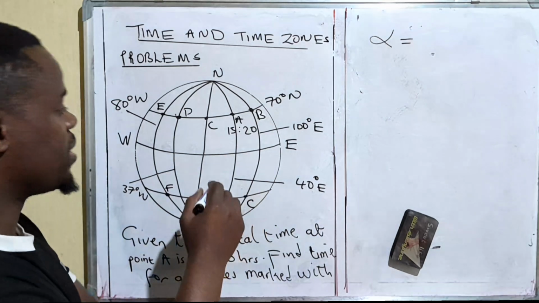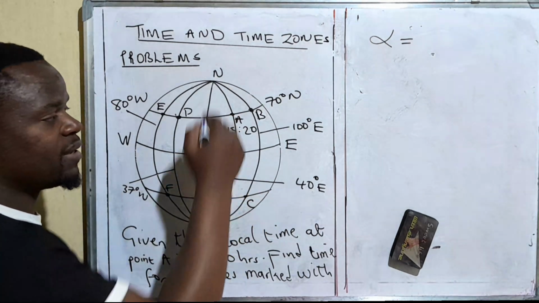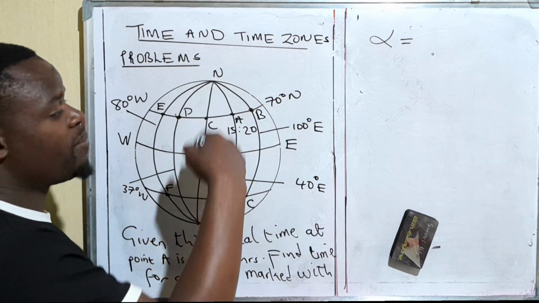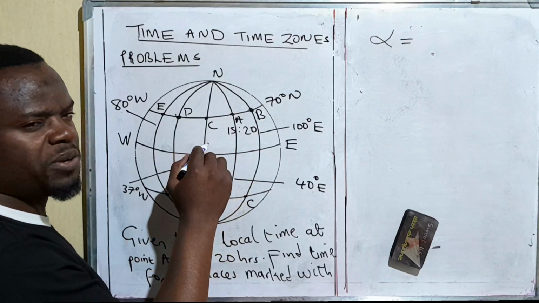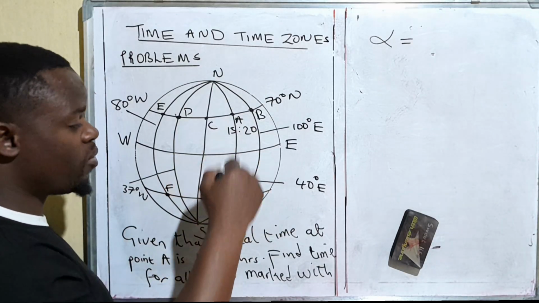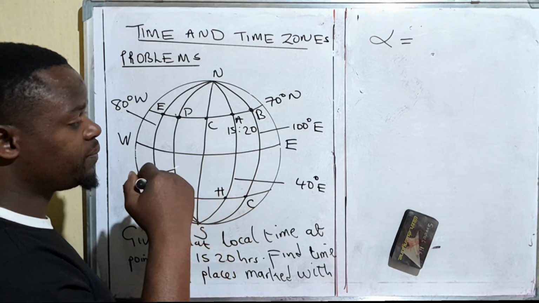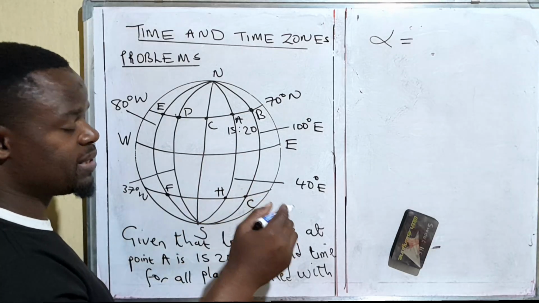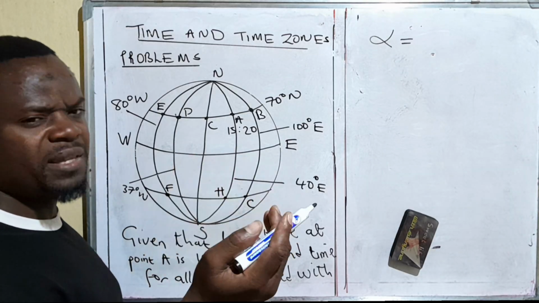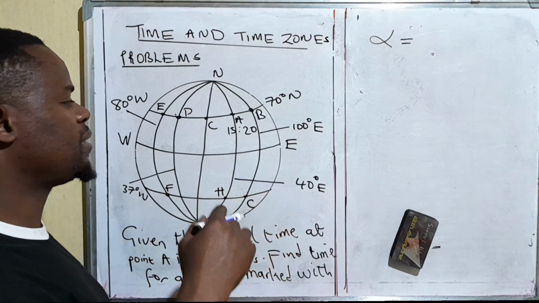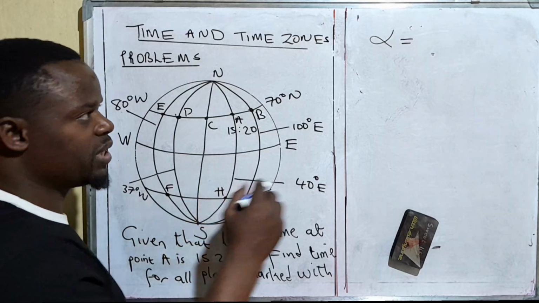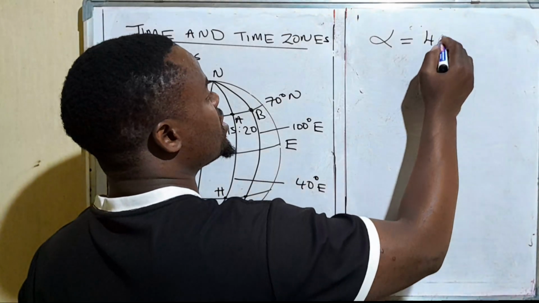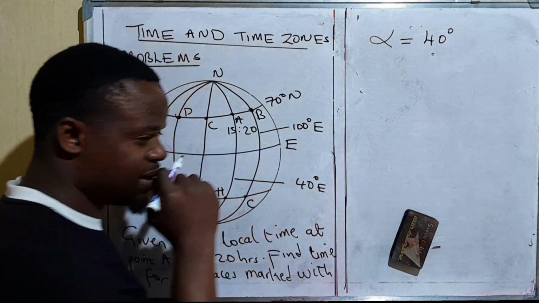We have those who are on the prime meridian, which is equal to 0, and then those who are on 40 degrees east. Be it that we are adding or subtracting, the answer will still be 40. So the difference in longitudes is 40 degrees.